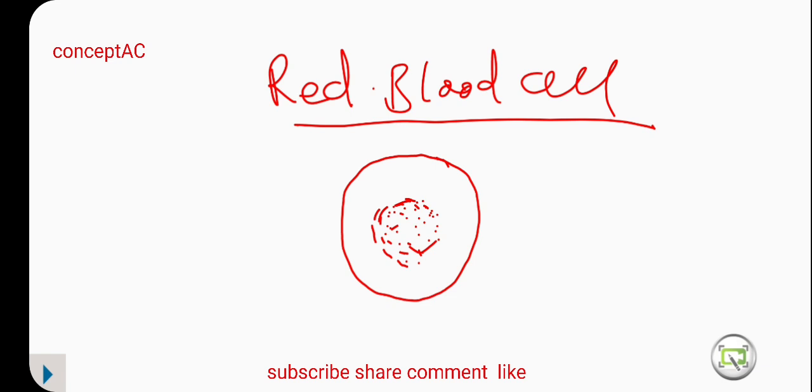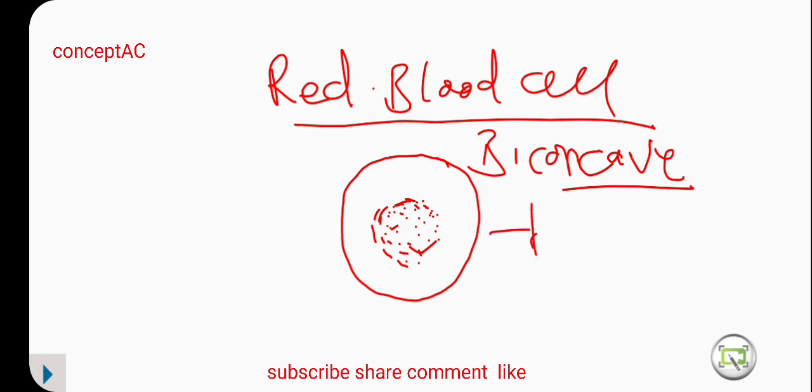So biconcave, this is the spelling. The biconcave shape increases the surface area for oxygen to diffuse into the red blood cells. It also has the red pigment, which is hemoglobin, that makes it do its function. So the presence of hemoglobin makes the red blood cells do their function.